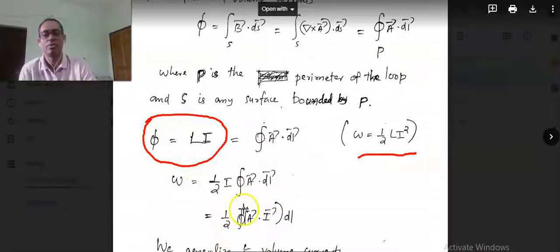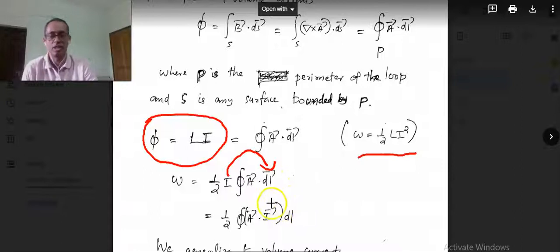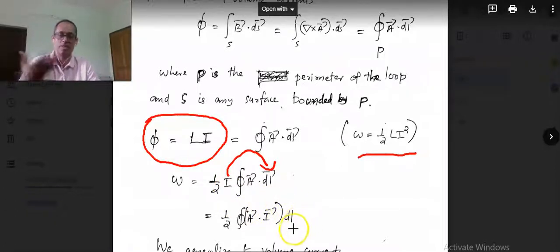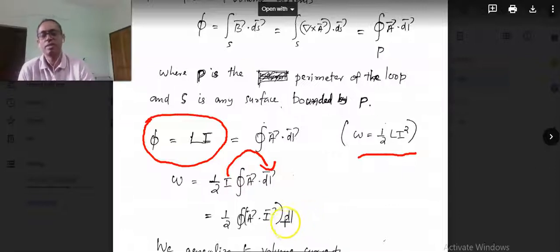Because we are carrying out the line integral in the direction of the current, I can take I inside and write it in vector notation, and dl now just becomes a scalar thing. So this is the work done, half of the integral of A, I dot dl.